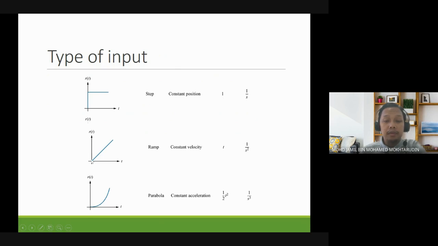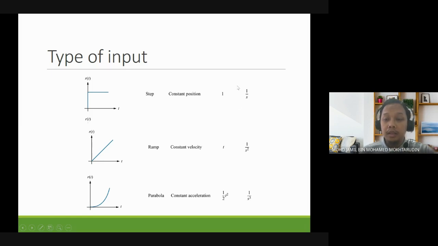And then we have a ramp input, which linearly changes with time. For a unit ramp input, the coefficient of the input is 1. And lastly, we also have a parabolic input, and for a unit parabolic input, it's half t squared.